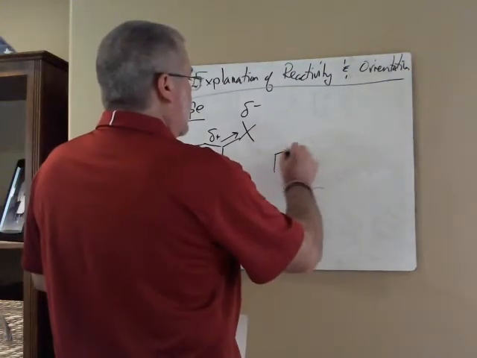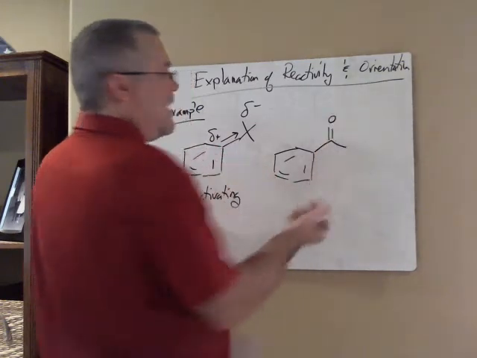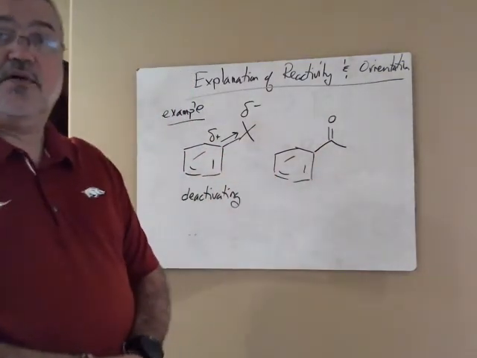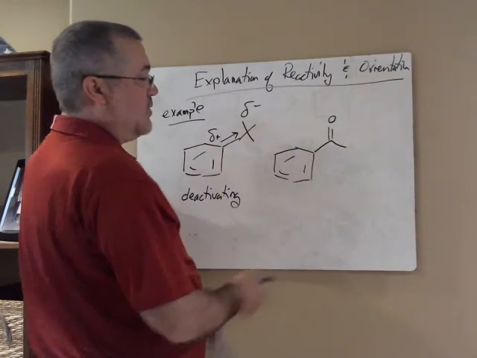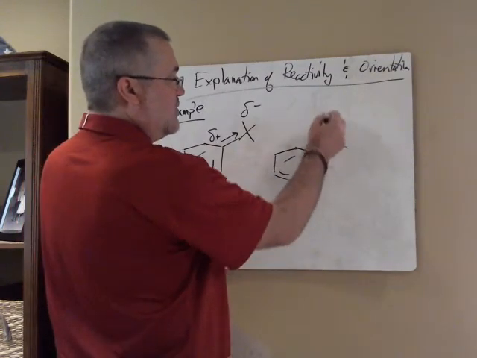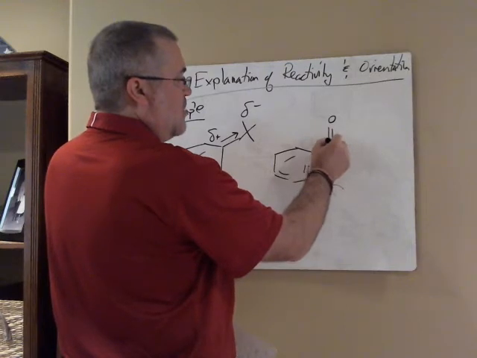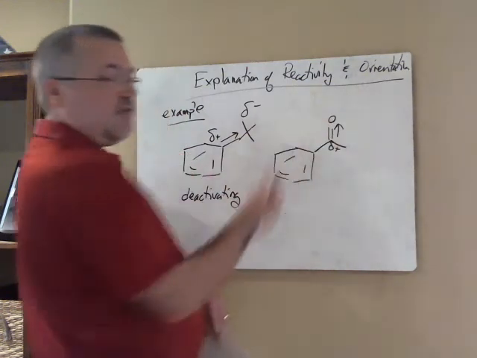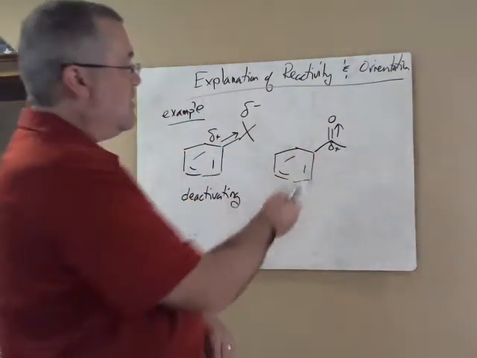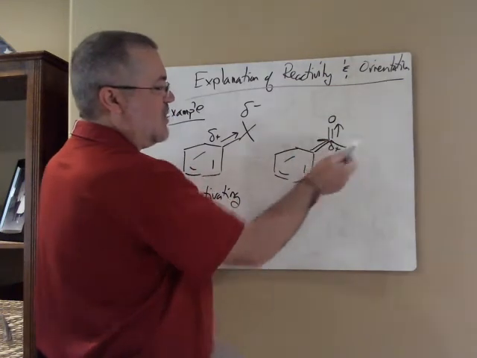And you can look at an example like this, where we have something that's a carbonyl compound. Substituent has the acyl group. And in that particular case, if you remember, this particular carbon has a partial positive charge on it because of the inductive effect of the oxygen that's attached. So if this is deficient, it actually becomes more electronegative.